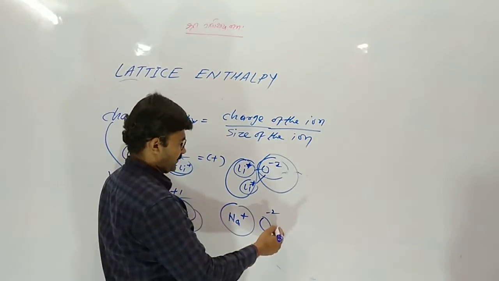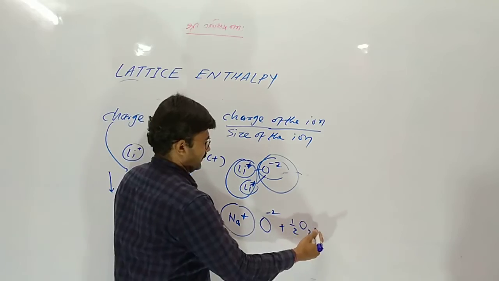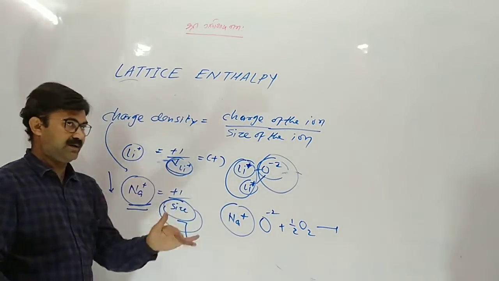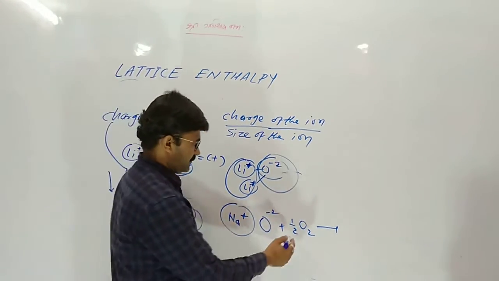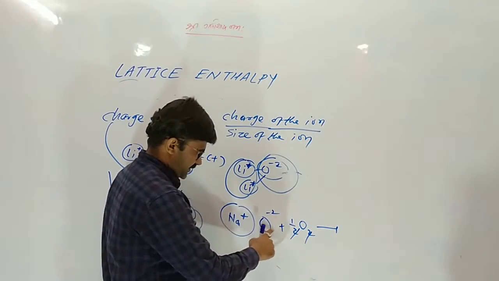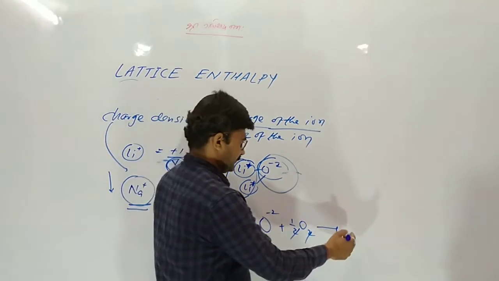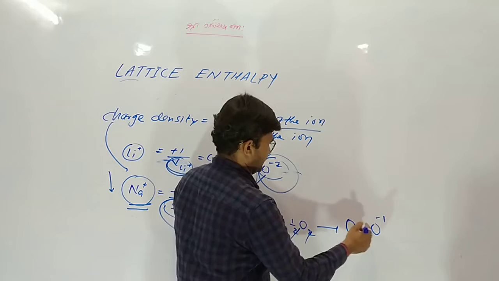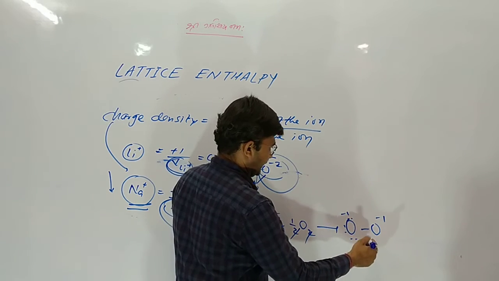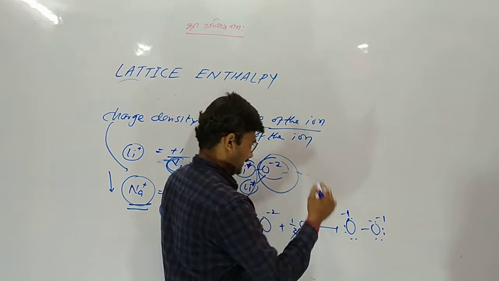So when O-2 comes with another O2 coming, one oxygen donates to this one, so two oxygen combine with each other, and it becomes peroxide.